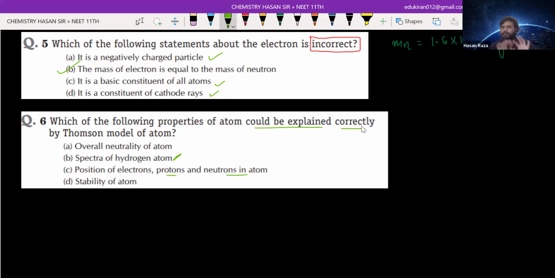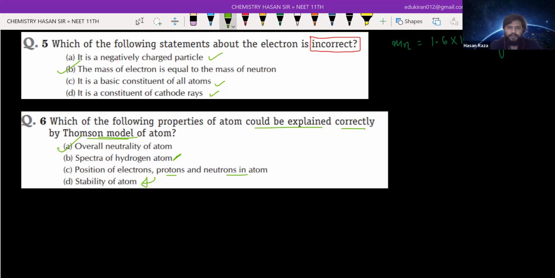The electrons are distributed uniformly, like the seeds of a watermelon, and electron and proton are equal, so they are overall neutral. And he also didn't say anything about stability. That's why it failed. J.J. Thomson failed because he gave you a static model. The atom is at rest, the particles are at rest. So this was the overall problem with J.J. Thomson. Yes, sir. Thank you.